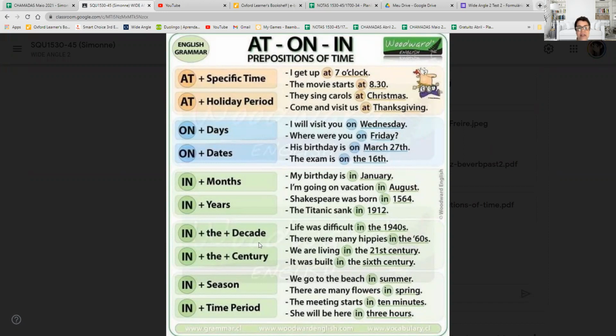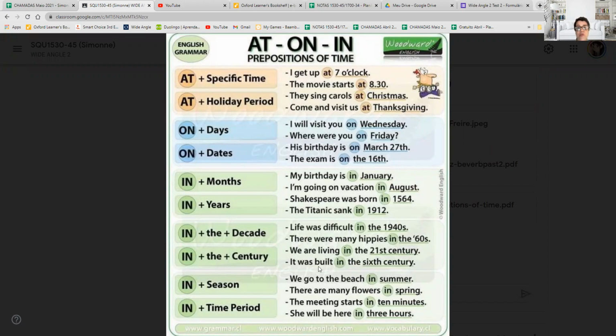Here, in the decade. For example, life was difficult in the 40s. So in the 50s, in the 60s, in the 70s, okay? Another example, there were many hippies in the 60s, right? Another example, we are living in the 21st century. When I'm mentioning a century, I also use the preposition in.